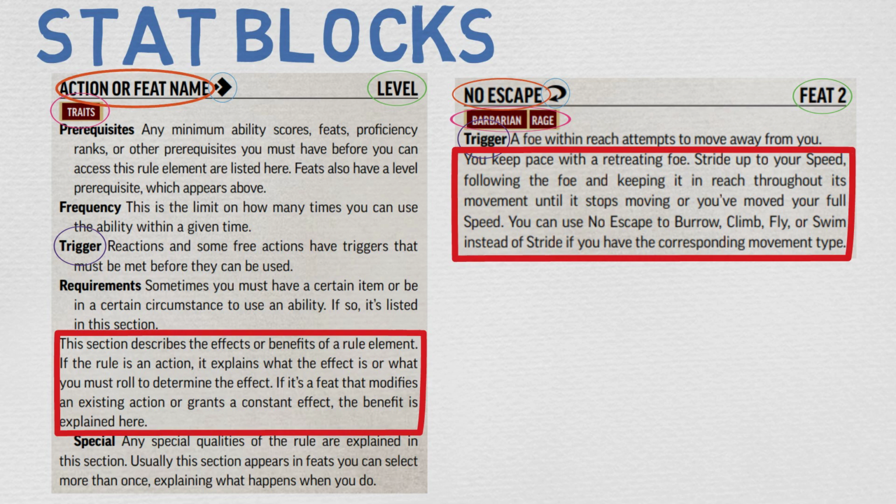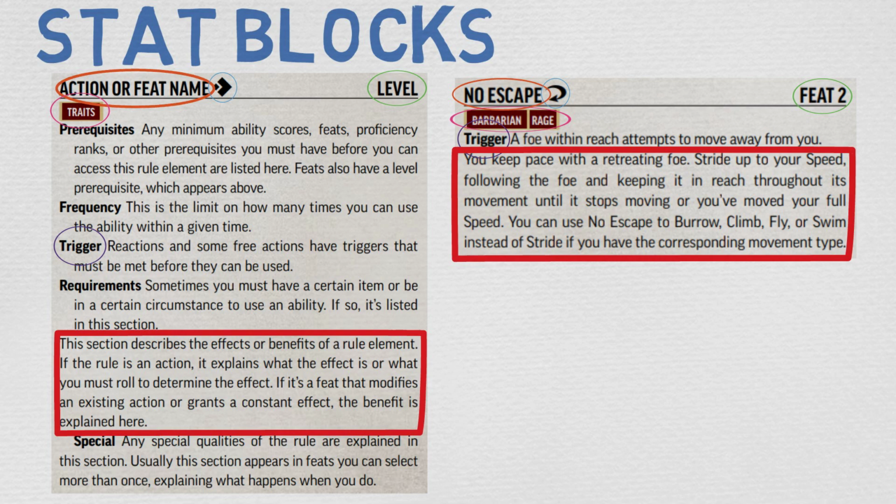Underneath that, you'd have the main body. This section describes the effects or benefits of a rule element. If the rule is an action, it explains what the effect is or what you must roll to determine the effect. If it is a feat that modifies an existing action or grants a constant effect, the benefit is explained here.